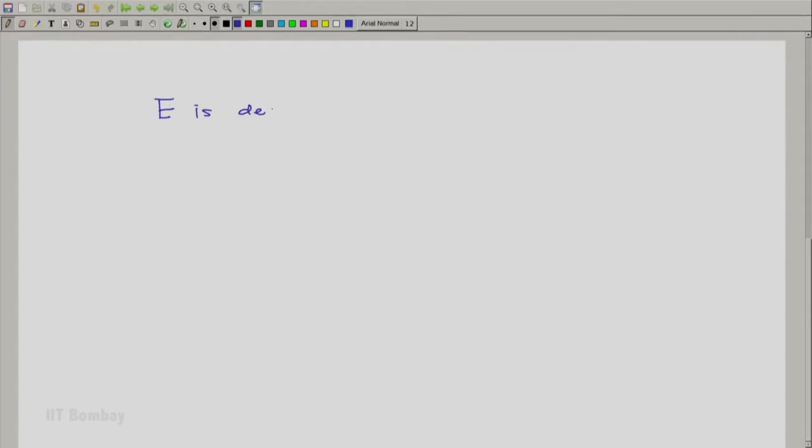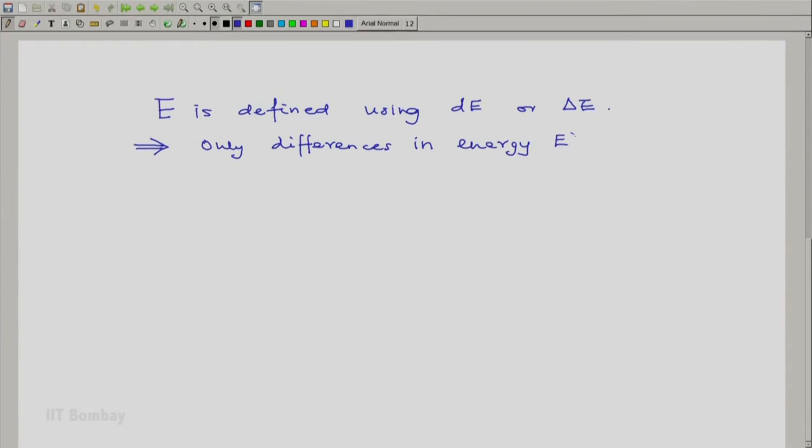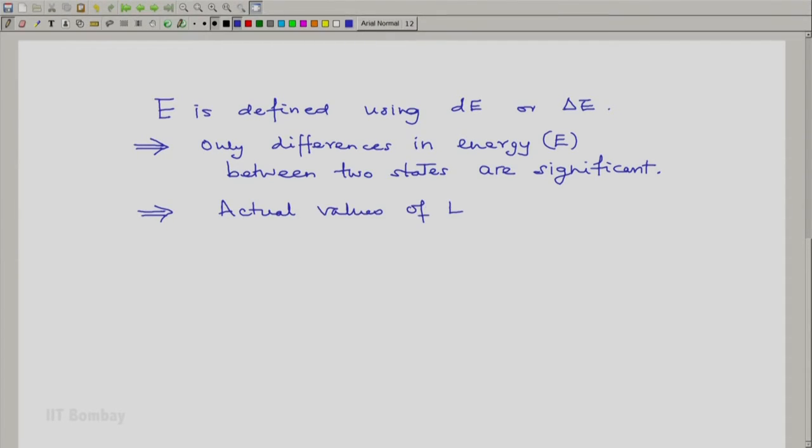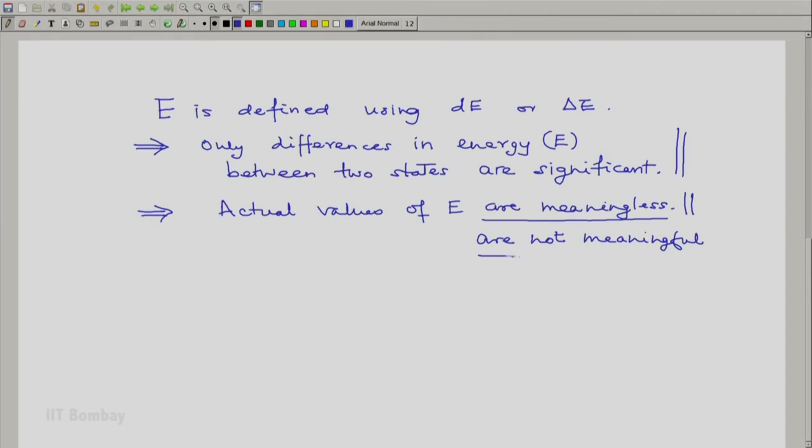We should note that energy is defined using its differential dE or its difference delta E. This means only differences in energy between two states of a thermodynamic system are significant, and this automatically implies that actual values are meaningless, or not meaningful, because we will never really use absolute values.